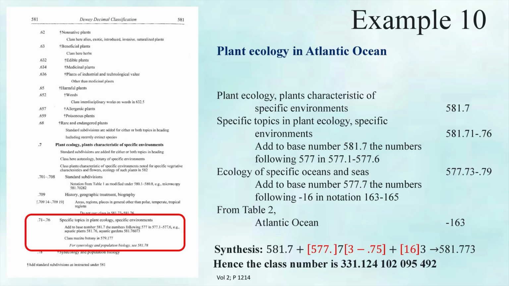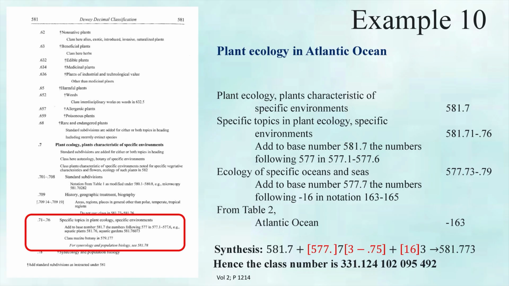In 581 the plant is there, and in 581.7 is plant ecology, plants' characteristics in a specific environment. It deals with the specific environment, that is oceanic environment, in 581.7, and 581.71 to 76 are specific topics in plant ecology in specific environments.